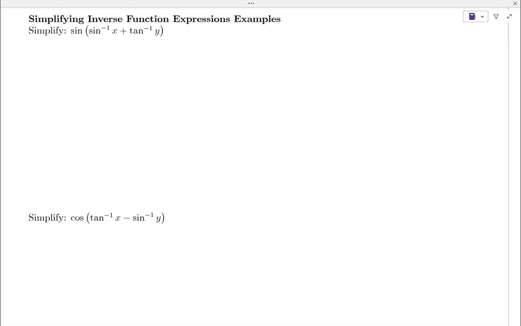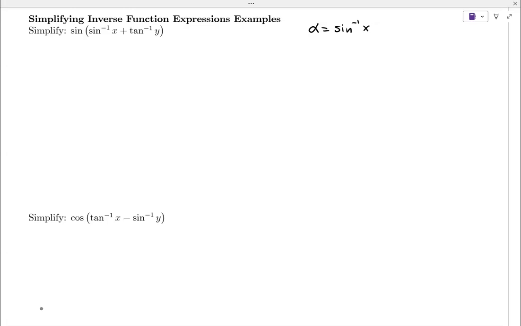So this first one says we've got sine of the inverse sine of x plus inverse tangent of y. So remember when we had expressions like this, sometimes we wrote it as, say, I think we typically used theta, but we use an alpha and a beta in this case. We said that, remember, when your inverse functions are undoing the original function, right?